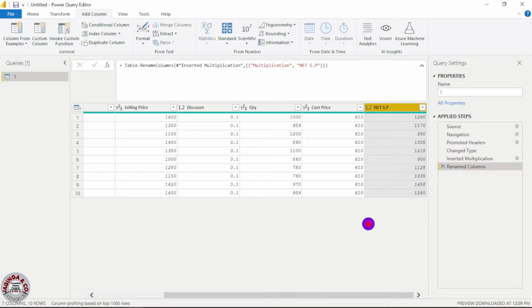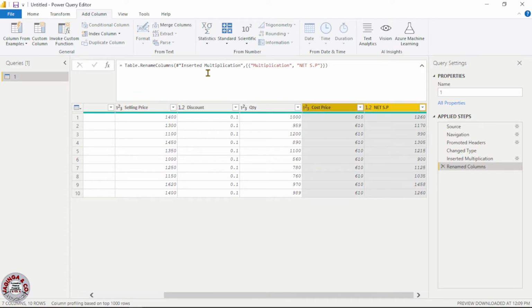So first what we'll do, instead we'll subtract the cost price from the selling price, then the result we'll multiply by the quantity to get the total gross profit. So we'll first select this net selling price together with the cost price.